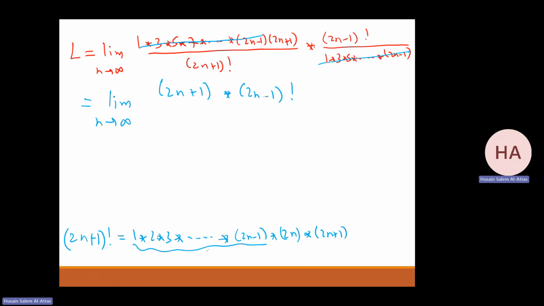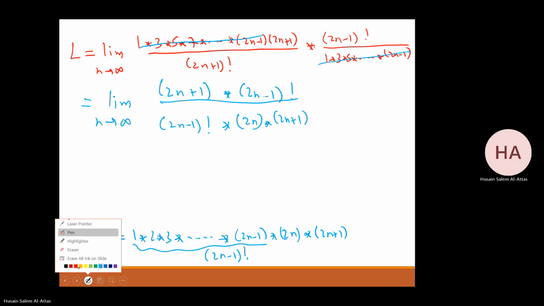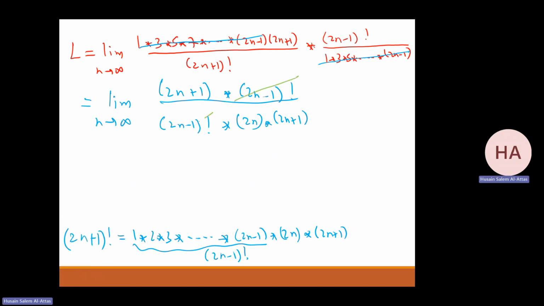This part is 2n minus 1 factorial, so I can rewrite it as 2n minus 1 factorial times 2n times 2n plus 1. Which means this cancelled. I'm getting the limit as n goes to infinity of 2n plus 1 over 2n times 2n plus 1.